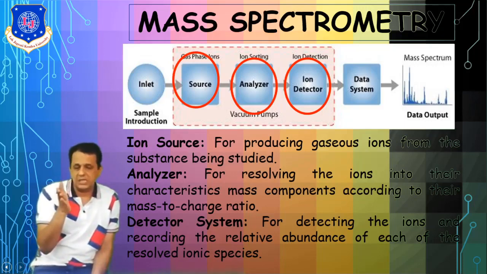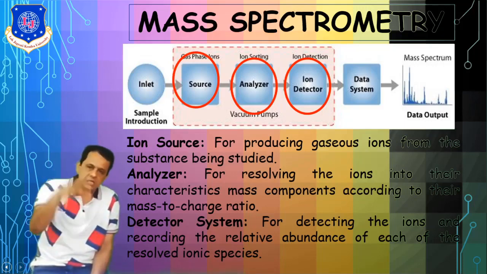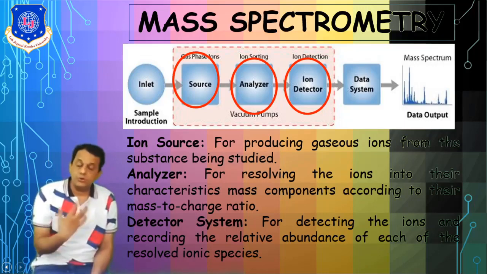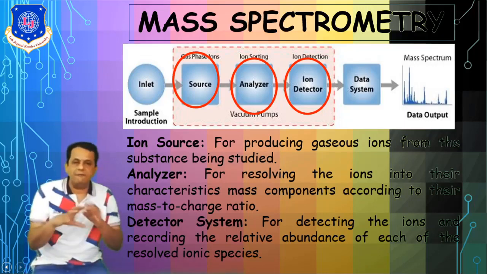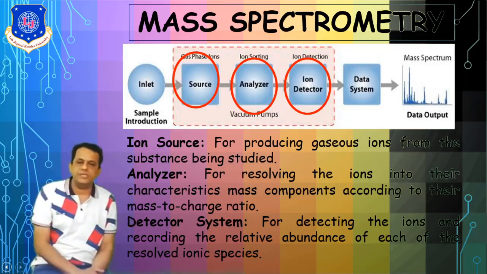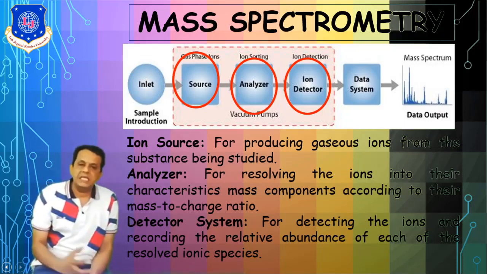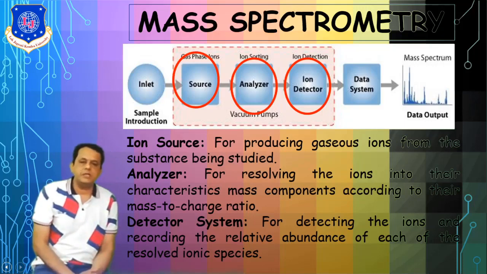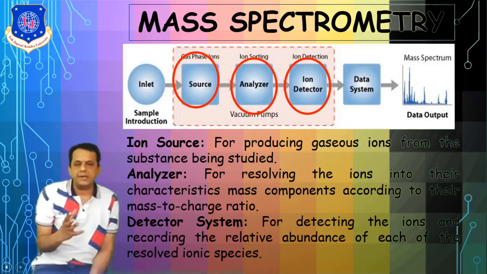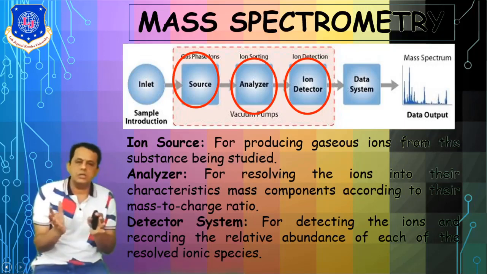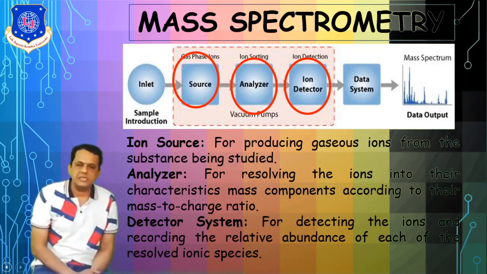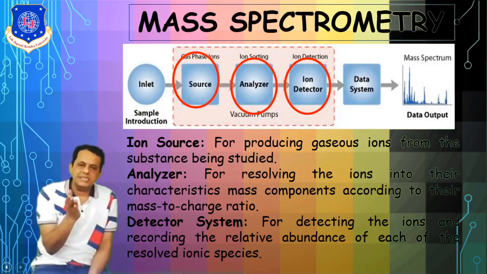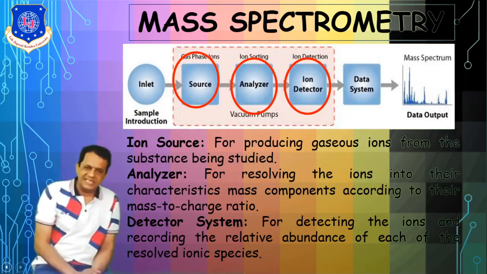Wherever we have the inlet, we introduce our sample, and then it is ionized, and a vacuum pump is managing the vacuum pressure around it. Then it comes to the analyzer, where ions are resolved for the mass to charge ratio analysis, and then there is a detector system where it detects the ions.